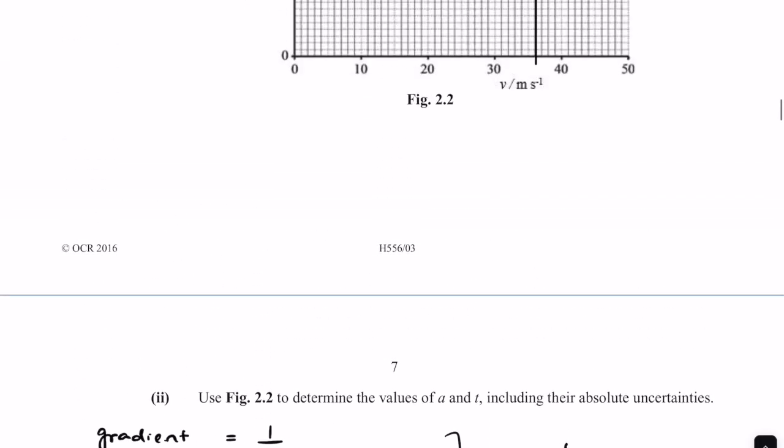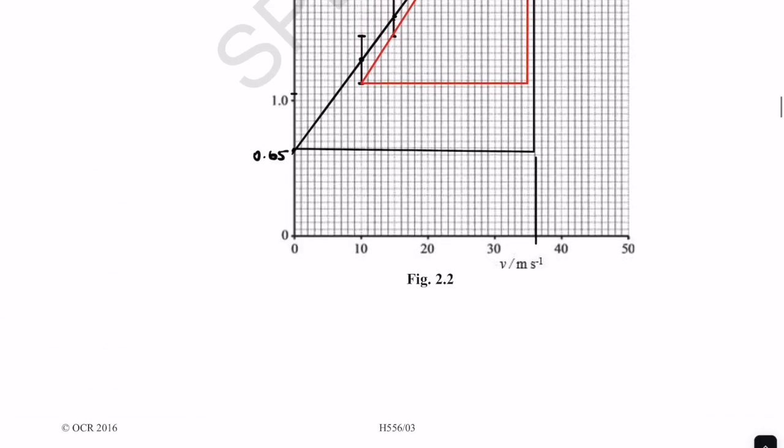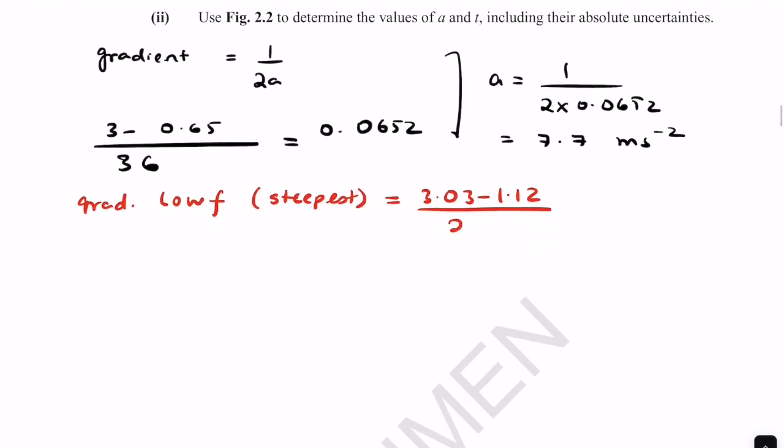So 35, and that's 10. So 25, and that is 0.0764. And so the value of a is going to be 1 over, as an uncertainty in a. I'm just going to say error in a for now.